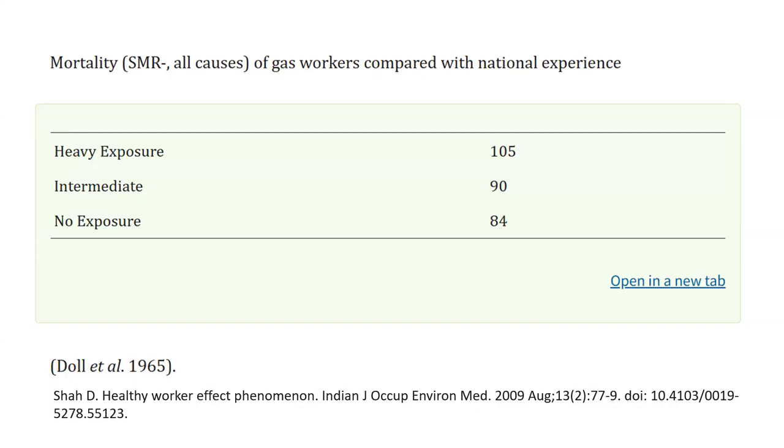There are two ways healthy worker effect happens. One is that healthier people are recruited, and another mechanism is that healthier people are more likely to stay put in a particular occupation. Therefore, those who are in the occupation, when you are studying those who are working, are healthier as compared to the general population.